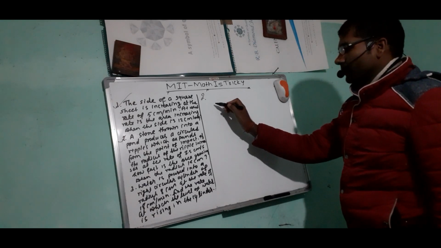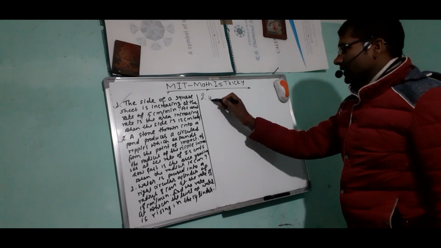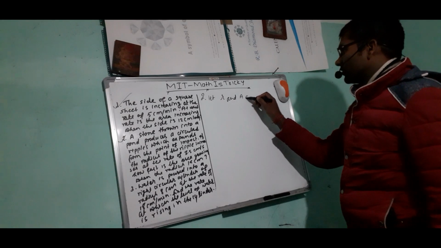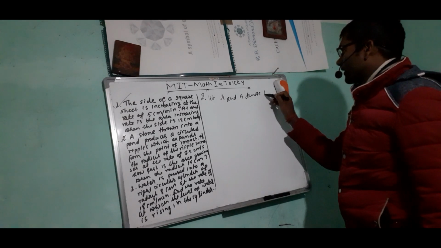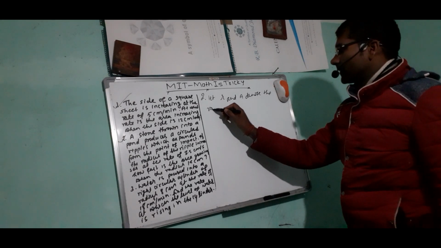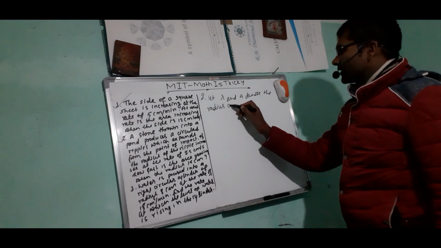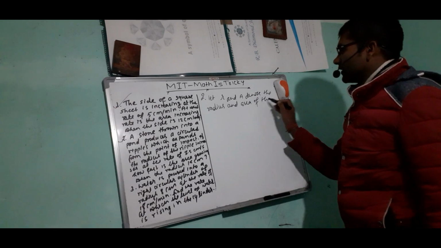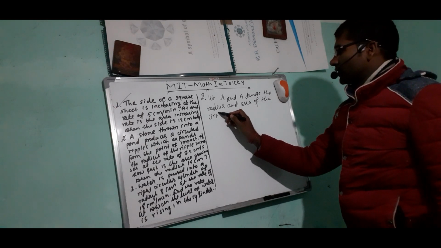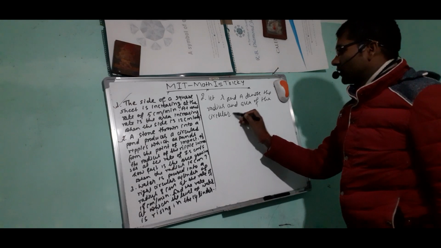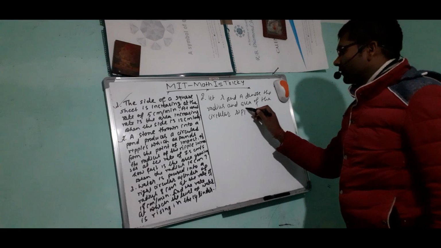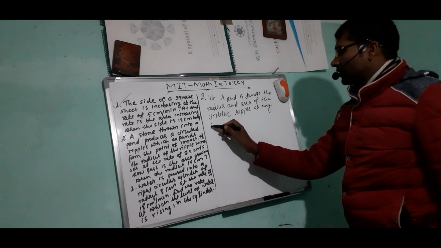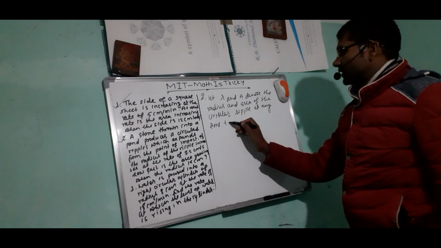Let R and A denote the radius and area of the circular ripple at any time t.